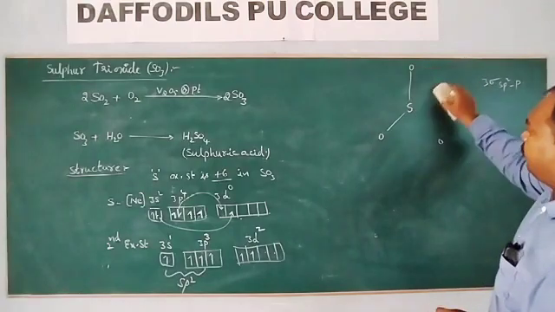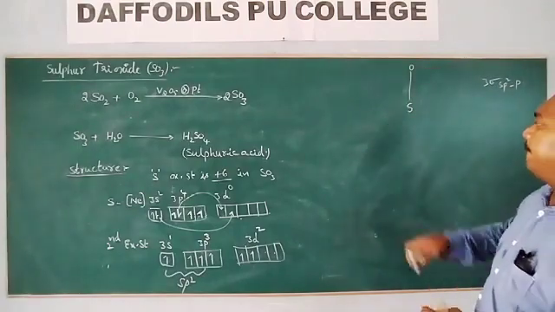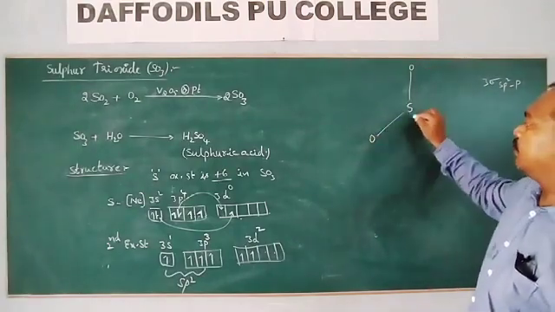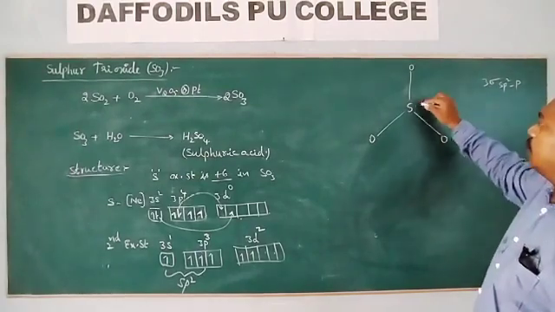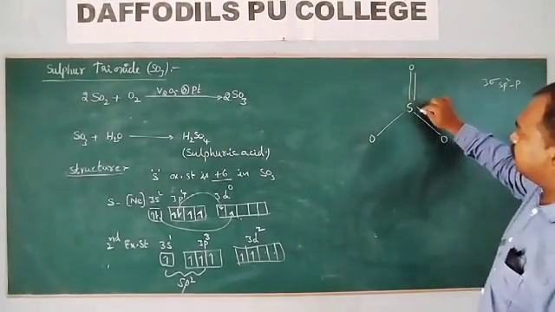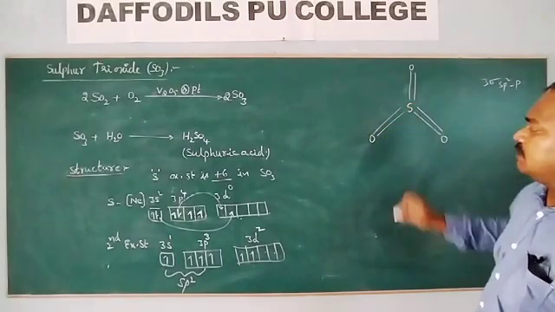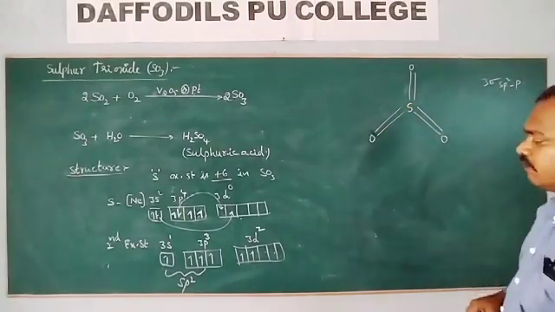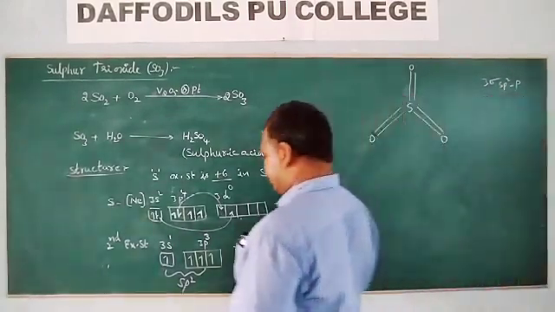Next are the pi bonds. These pi bonds are formed by oxygen atoms.